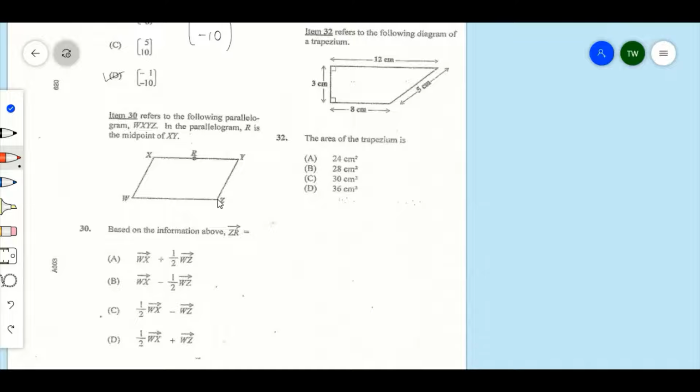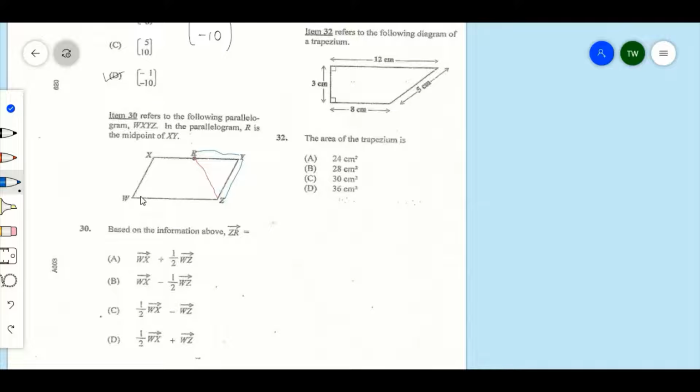So we want from Z to R. Now from Z to R, we can go from Z to Y, and then from Y to R, which will take us to ZR. So we must start at Z and we must end up at R.